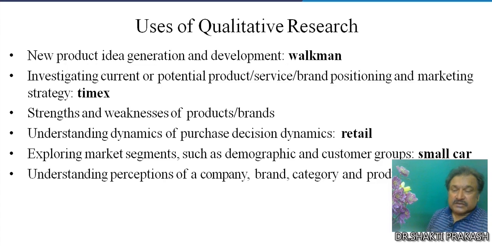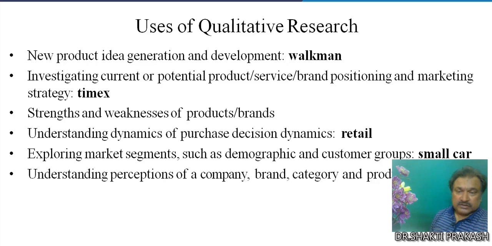By this type of research we can also understand the dynamics of purchase decisions and dynamics like retailers and the retail sector, and explore market segments such as demographic and consumer groups. We have the example of the Nano car.